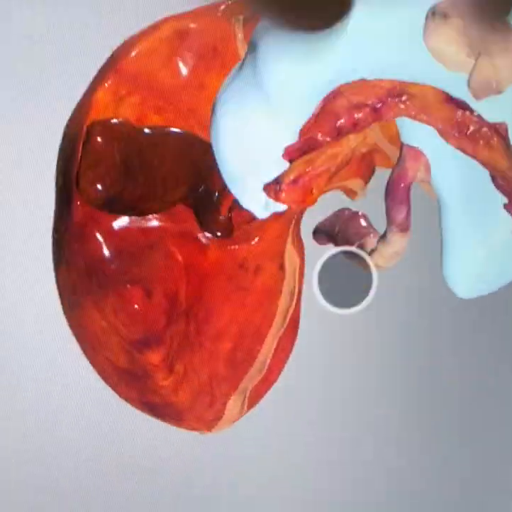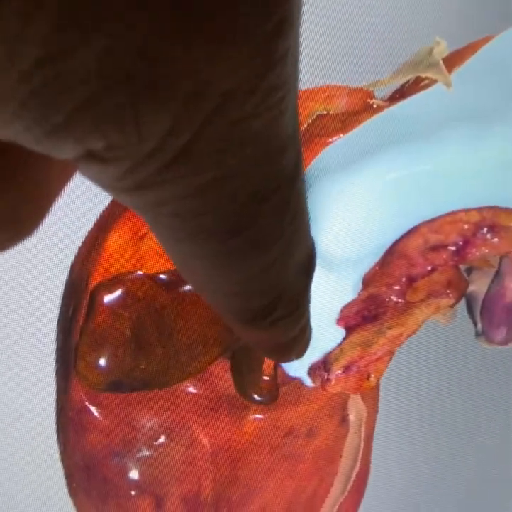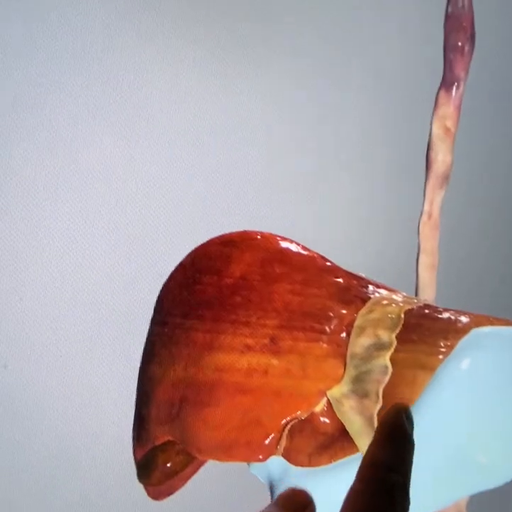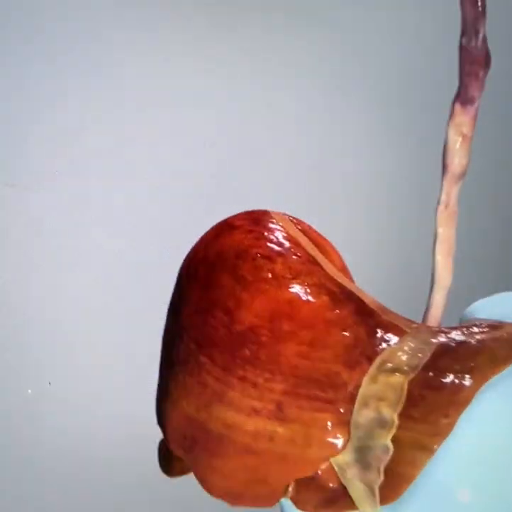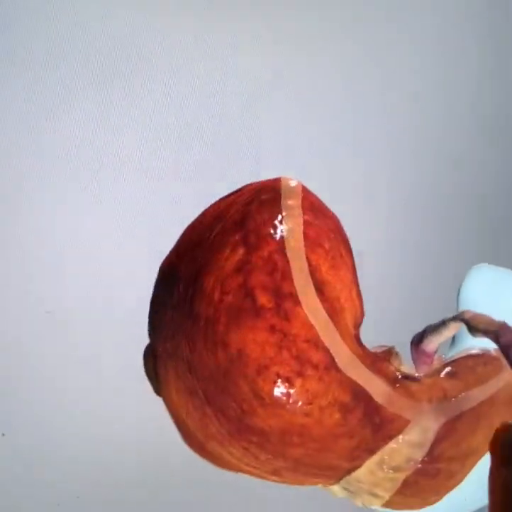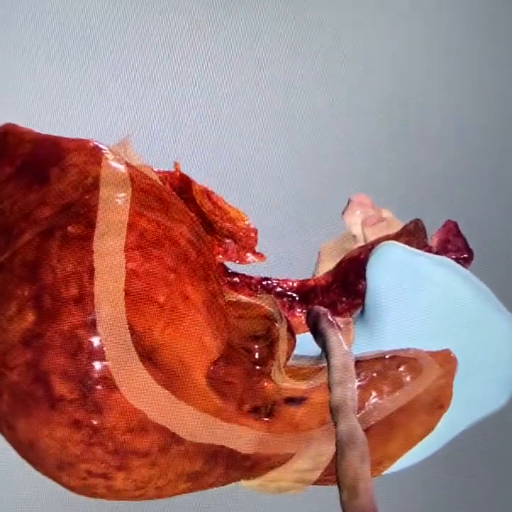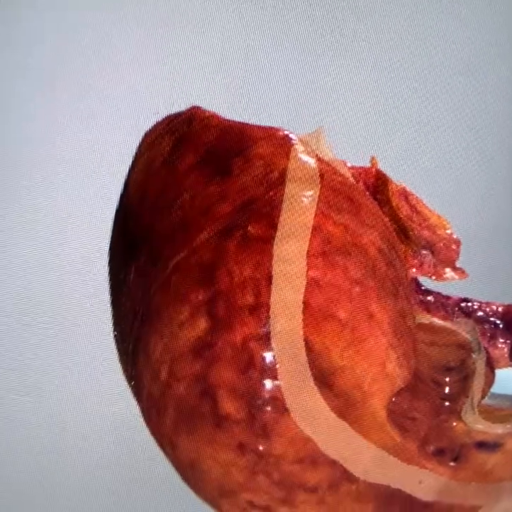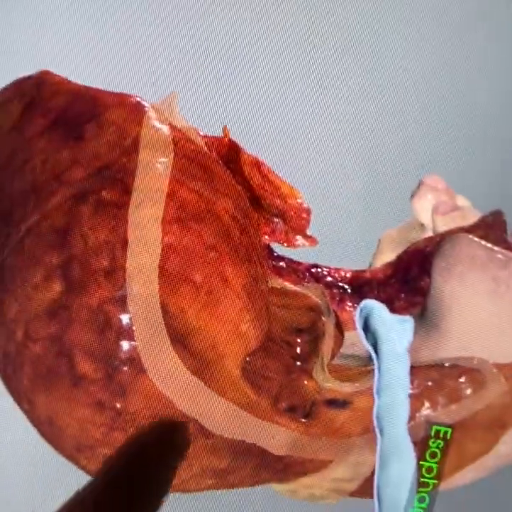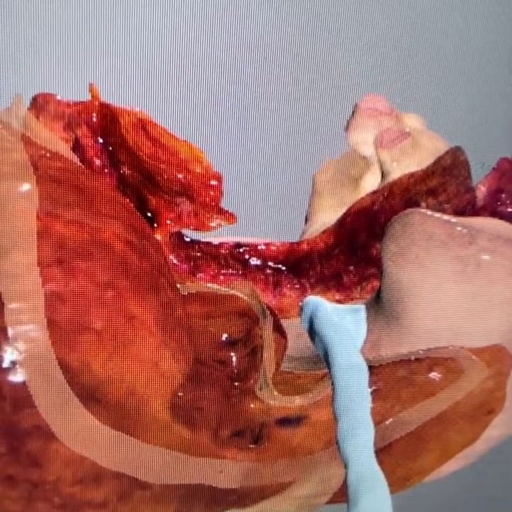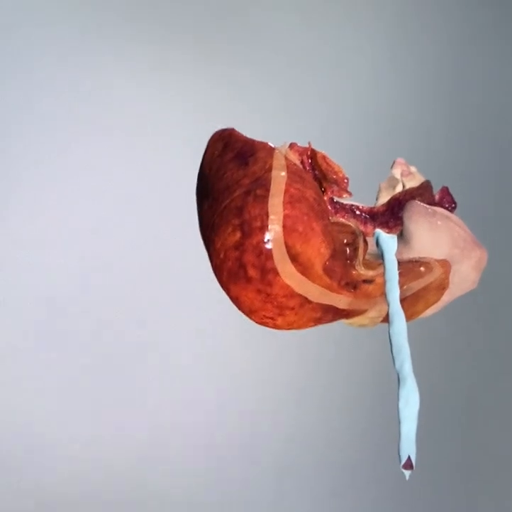And if we're looking at the stomach, on the bottom here, that's your pyloric sphincter. And then on the top, it's here. If we're looking over here in the backside, the connection of the esophagus right here into your stomach, that, of course, is your lower esophageal sphincter, also known as your cardiac sphincter.